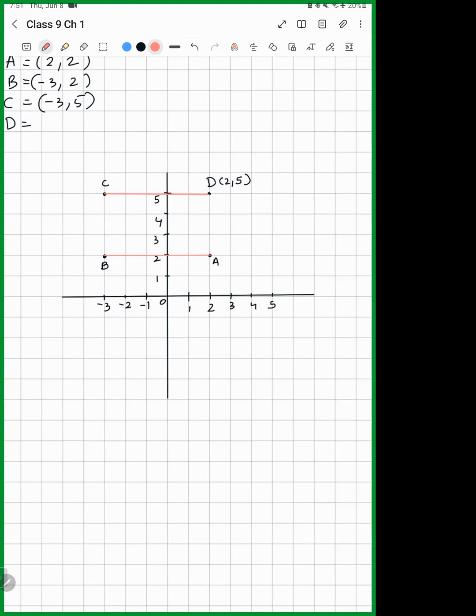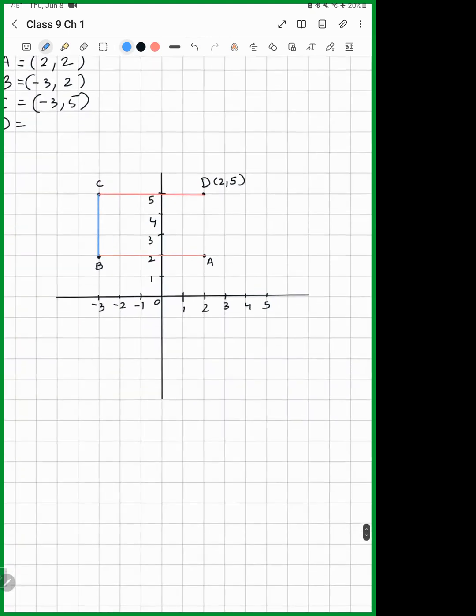How many units? Ma'am, 3 into 5. I am asking you, yeah, the area is going to be 3 into 5, but I am asking you what is going to be the length.